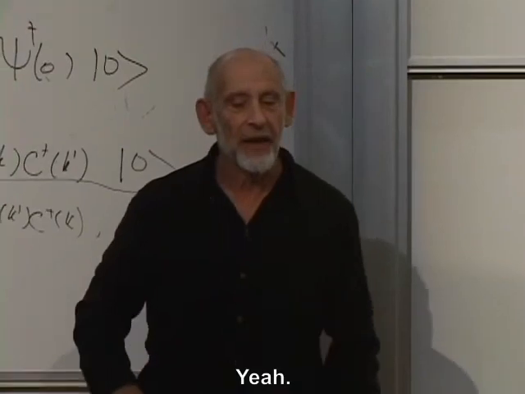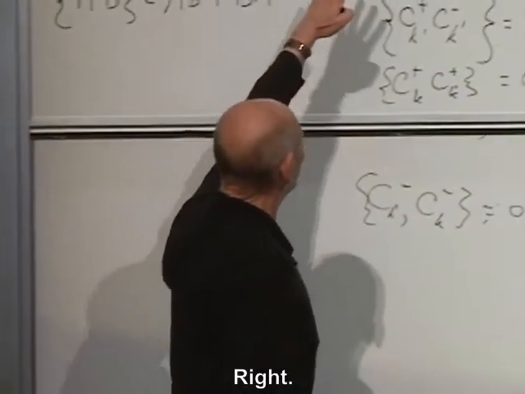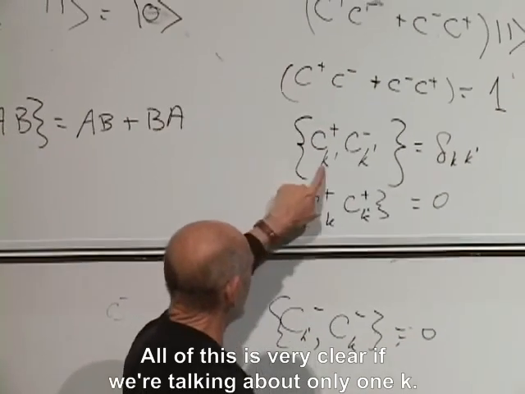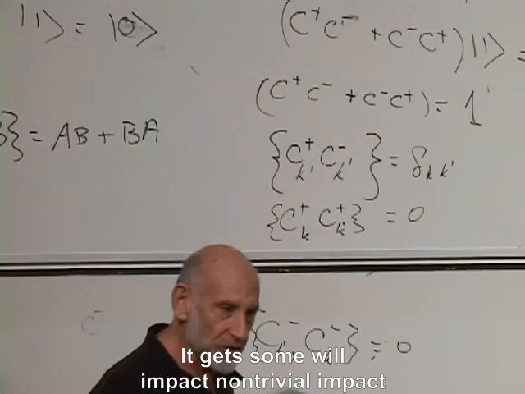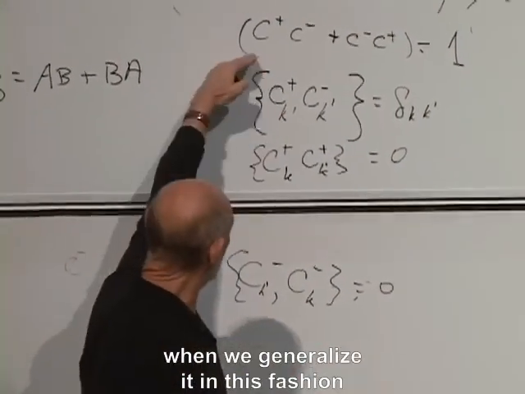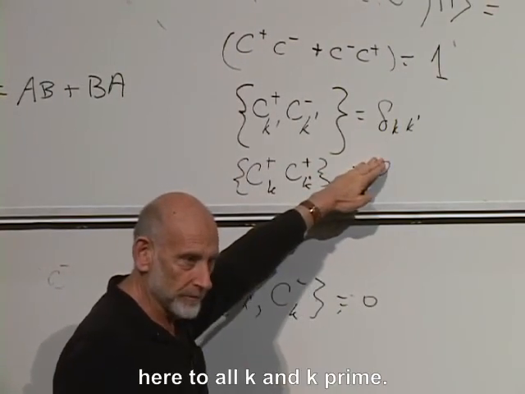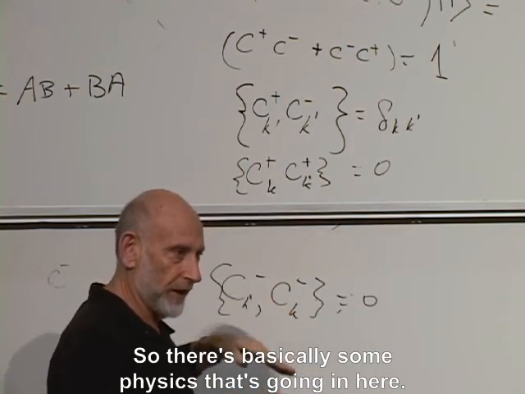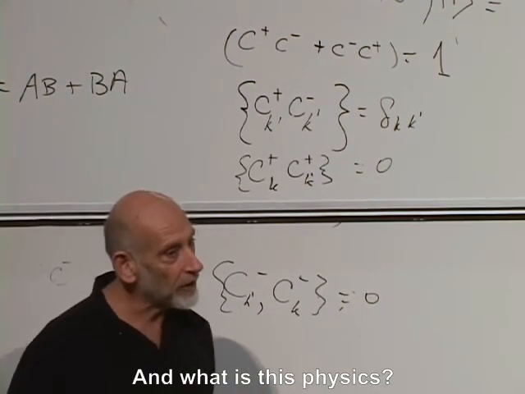Well, right. All of this is very clear if we're talking about only one k, right. It gets some real impact, non-trivial impact, when we generalize it in this fashion here to all k and k prime. All right, so there's basically some physics that's going in here. And what is that physics?